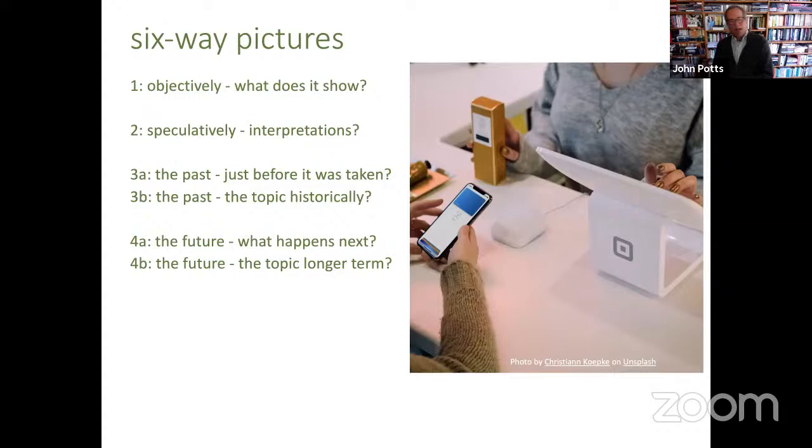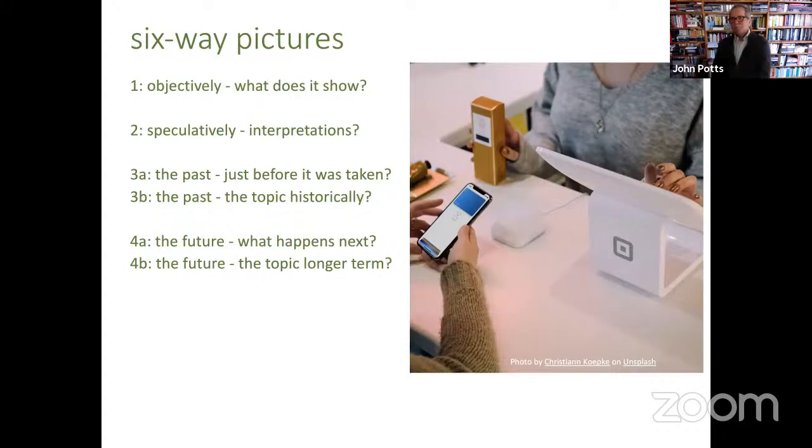We can also look at what will happen in the longer term future, not in the next minute or so, but in the next 5 years or 10 years or 20 years. So how do you think people will buy things 20 years from now? Will it be like this, or will there be some new system, do you think?